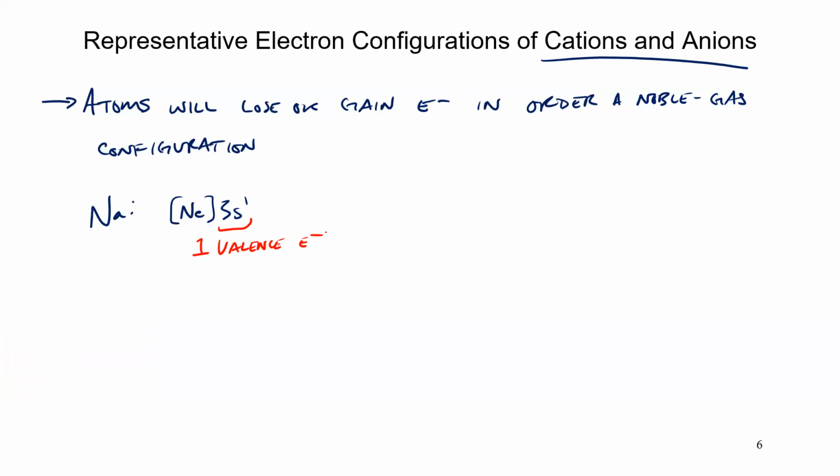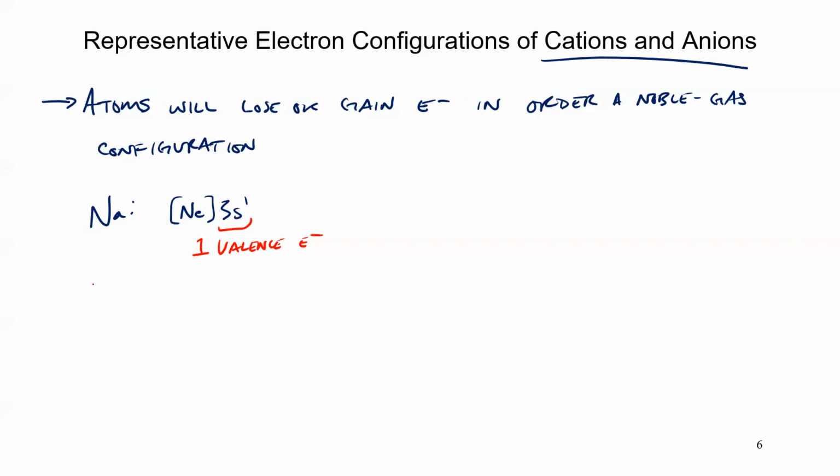And so it's much easier to lose that valence electron than to gain 7 more electrons, because it would have to fill up the 3s, which is 1 more electron, and fill up all the 3p, which is 6 more electrons, in order to have the same noble gas configuration as argon.